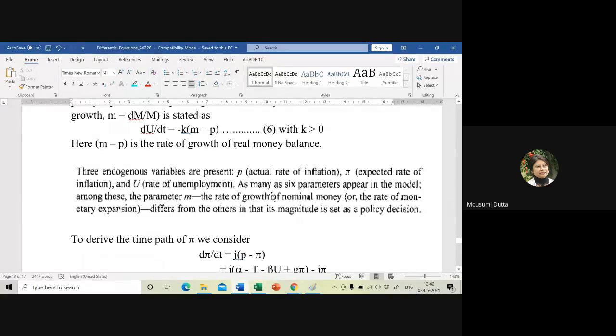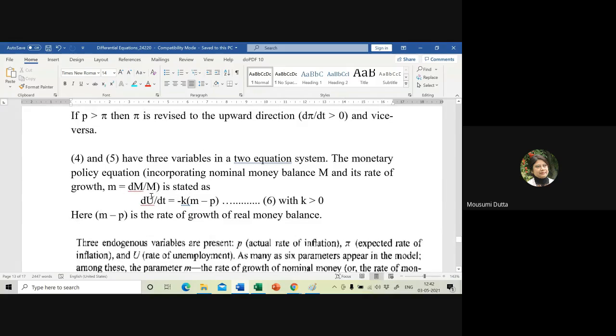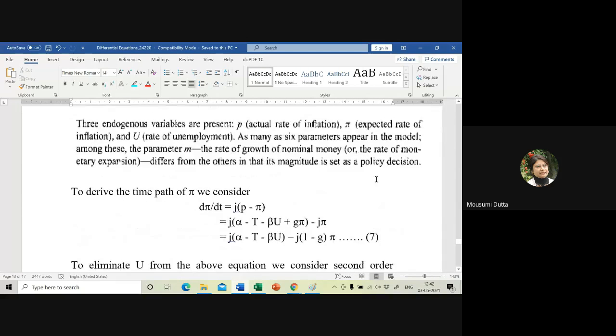And 6 parameters are there. Among them, m is a bit different from the rest because m is a policy decision. What will be dm by m, how we will change the nominal money balance in an economy, that is a policy matter, policy decision.